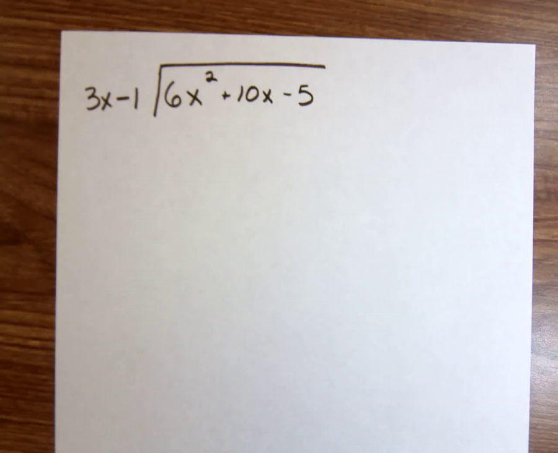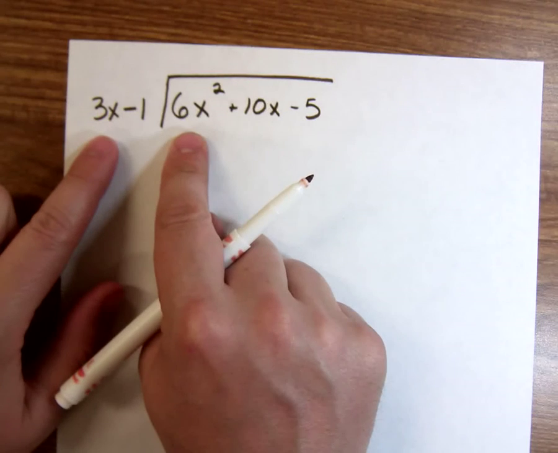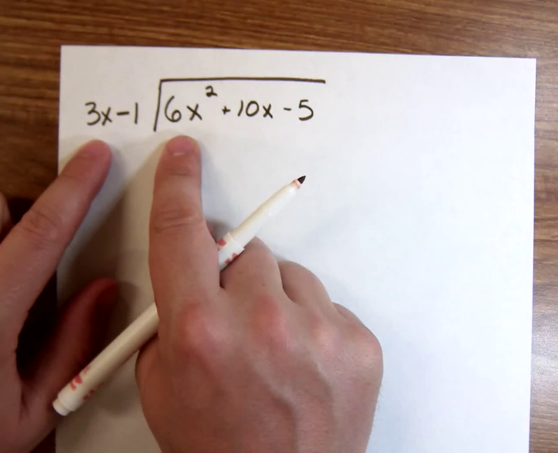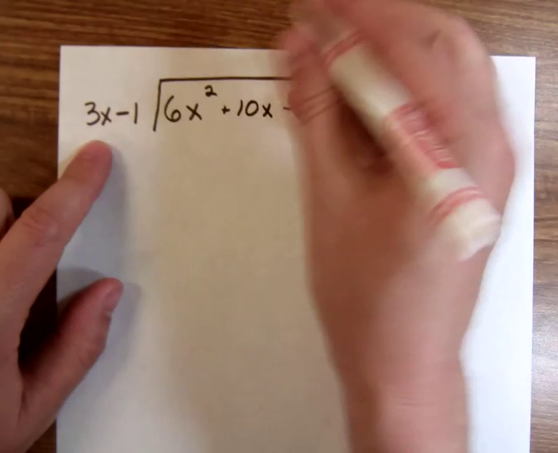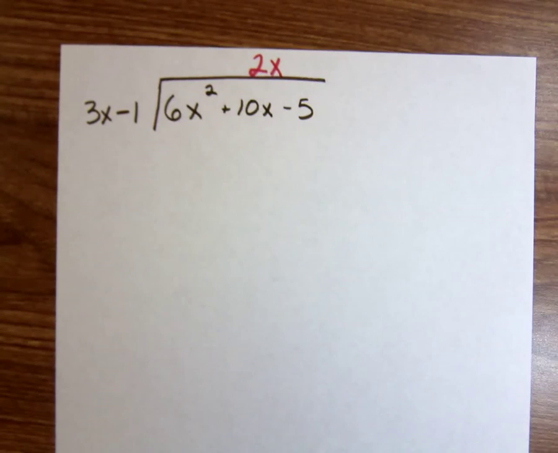All right, one of the reasons why I hate the phrase "go into" is that's not what we're doing. What is 6x squared divided by 3x? 2x, which I put on top of the x's in the x column. And then minus 1 into 6x squared, huh?